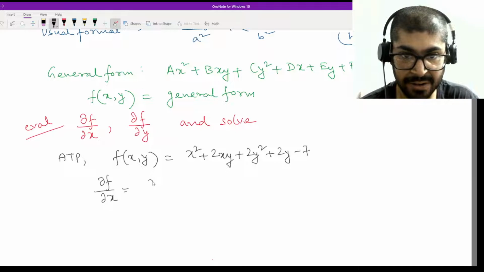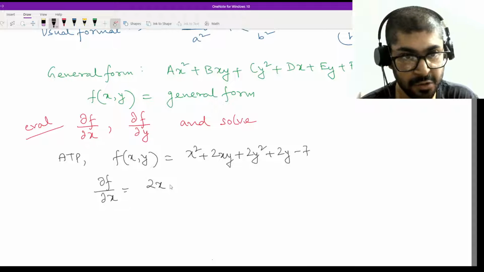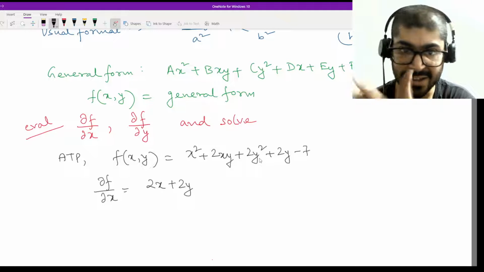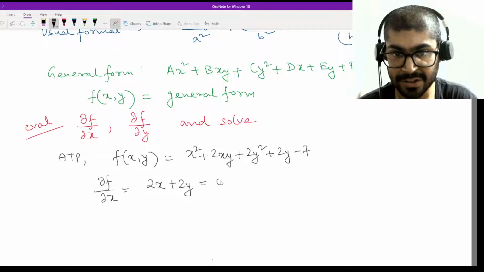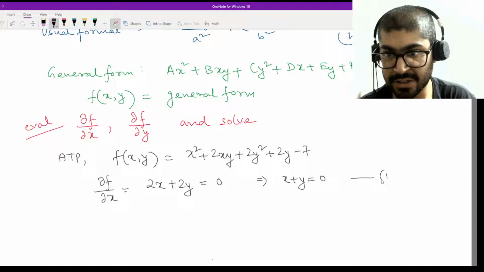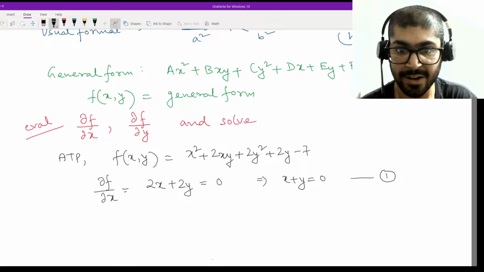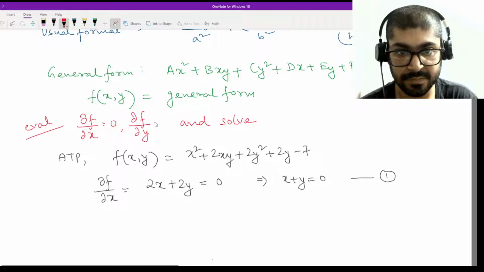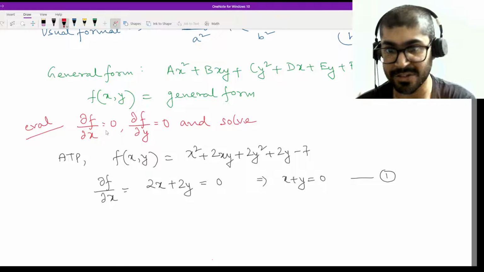So the derivative will be 2x, y will be constant, so it will be 2y, everything else is constant, right? So we equate this to 0. That means I have x plus y equal to 0. So this is our equation 1. The center will be a solution of these. Take these to be 0 and solve.